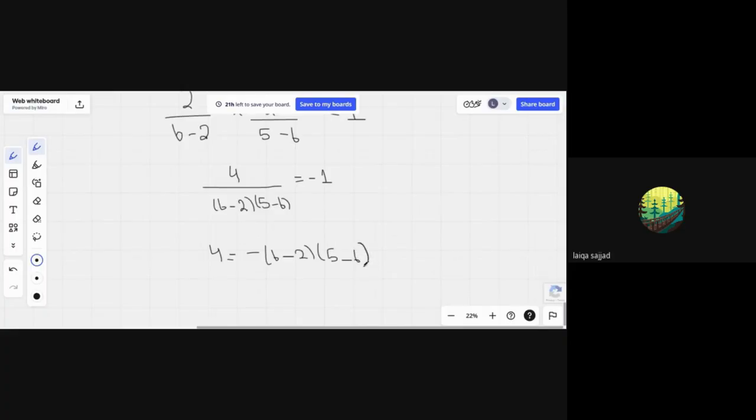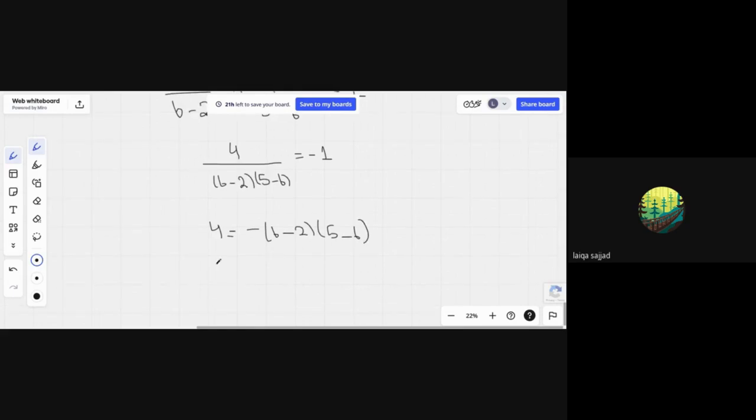You can expand them and it will become 4 equals to minus b multiplied by minus b, which gives b squared.